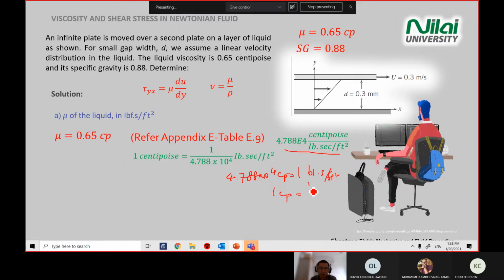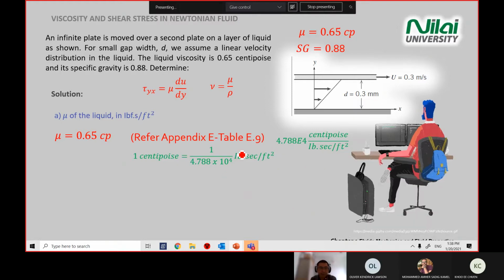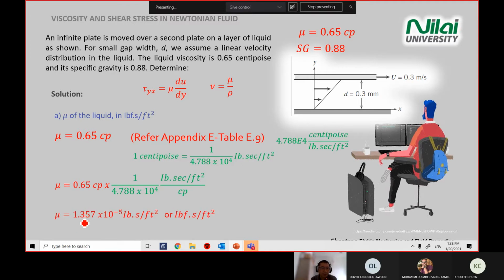So for 1 cP, you take 1 over 4 point something to do the conversion. Then you just multiply by the value, and you will get 1.357 10 power negative 5 pound second over feet square, or you can write lbf·s over feet square.